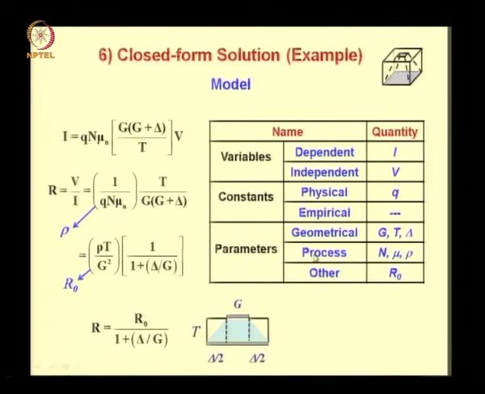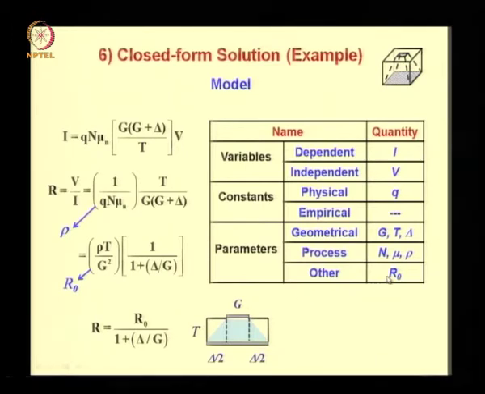Now you would recall that in our table of variables, constants and parameters, there was no R naught earlier. This R naught is another parameter that has entered into the model at this point of time.